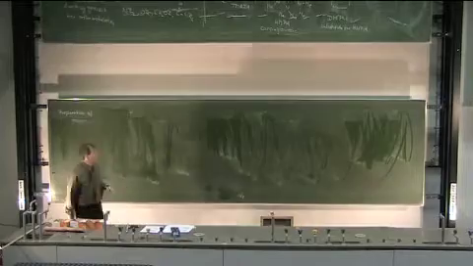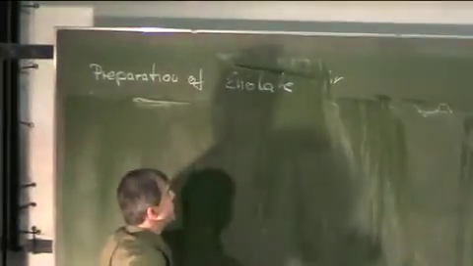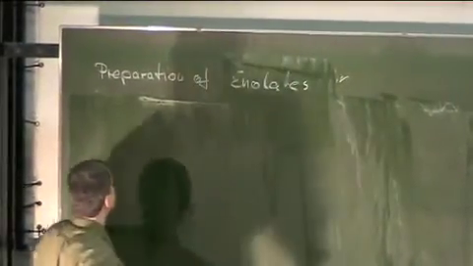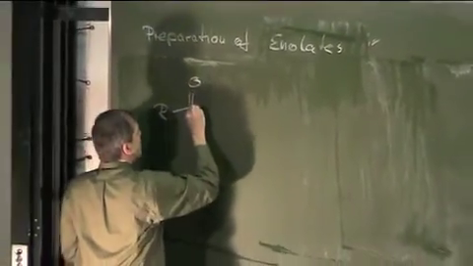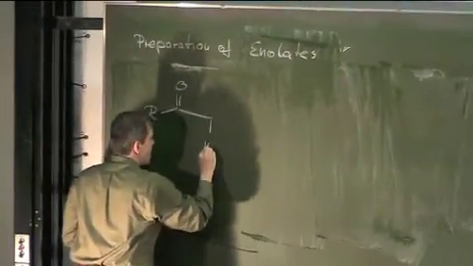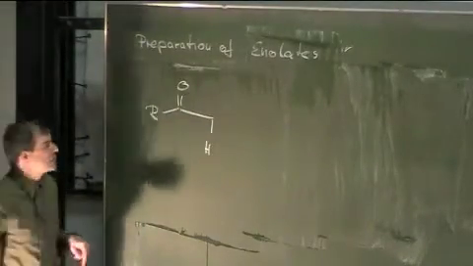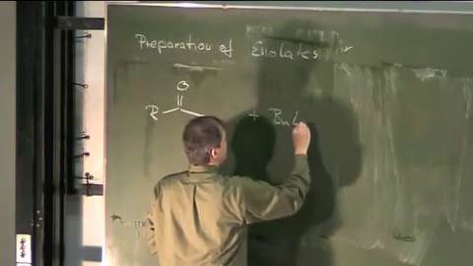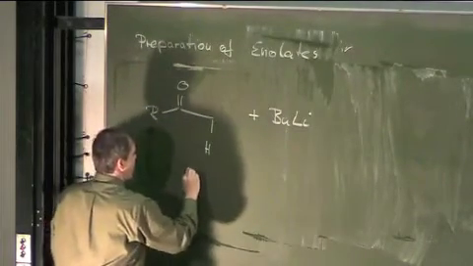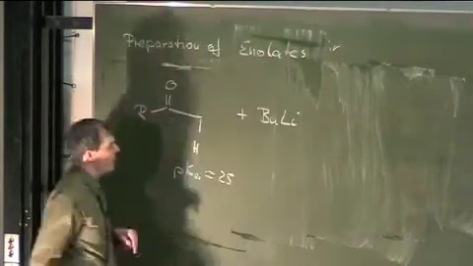Another application for alkyl lithium compounds is, by deprotonation, the preparation of enolates, where you will have a hydrogen in alpha position to the carbonyl compound. And again, the pKa here is about 25.